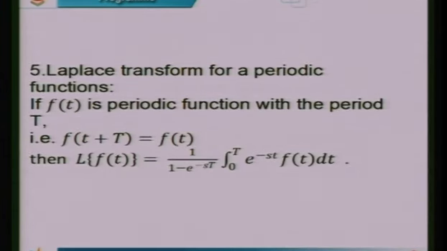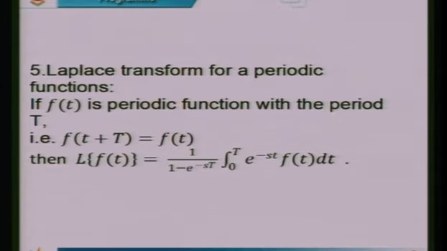If a function f of t is a periodic function with period capital T, that is f of t plus capital T is equal to f of t, then L of f of t equal to 1 divided by 1 minus e raised to minus sT, integration 0 to capital T, that is the period, of e raised to minus st f of t dt.